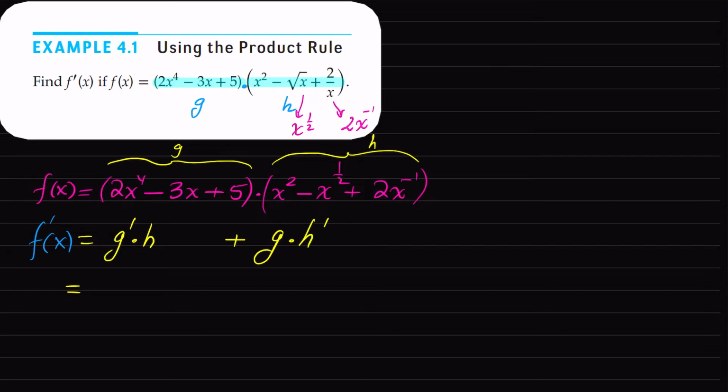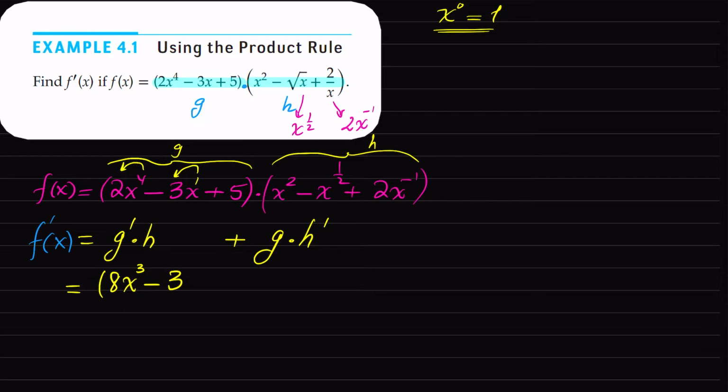So quickly, the derivative g prime: we will drop 4 down, so it will be 8x, and we subtract the power by 1, it's 3. Minus, the power here is 1, 1 times 3 is 3, and if we subtract the power of x by 1, we will get x power 0, and we said in the previous videos, it's always equal to 1.